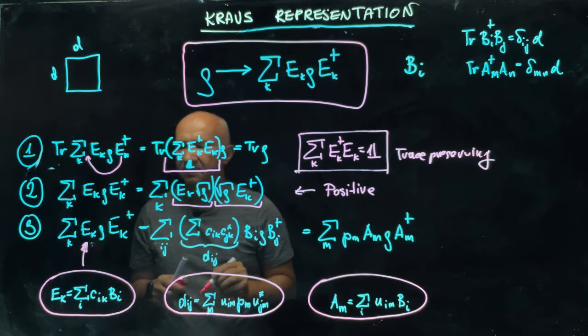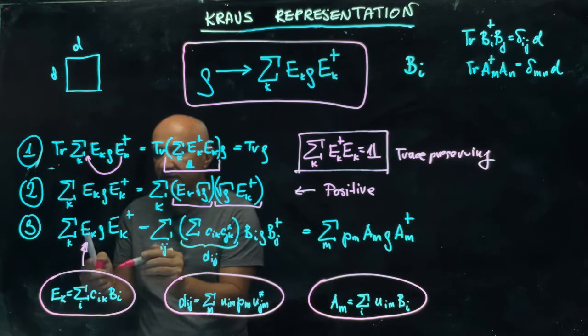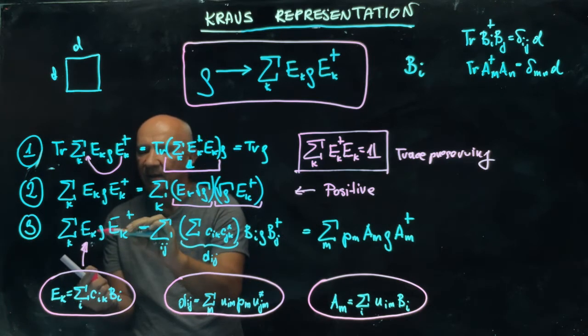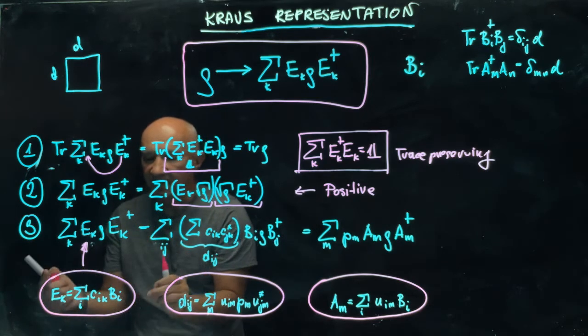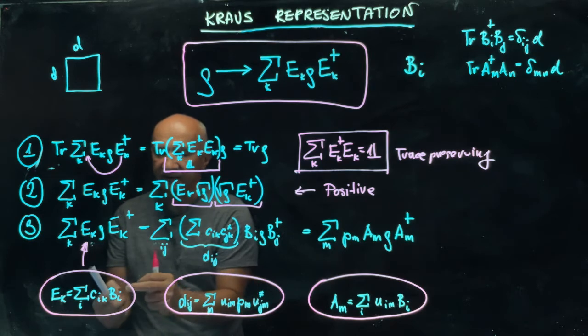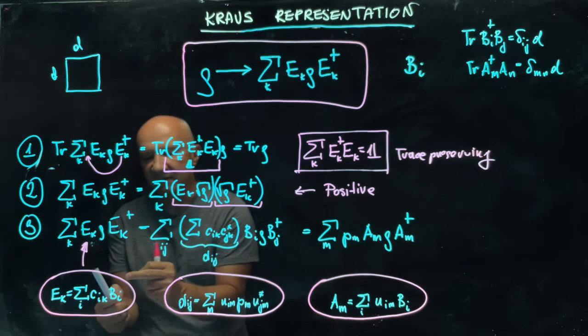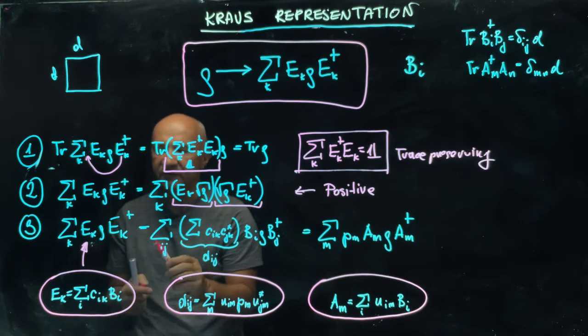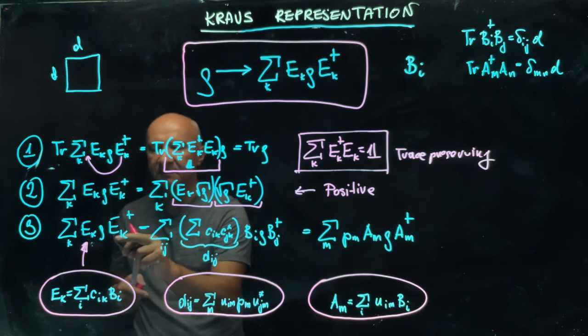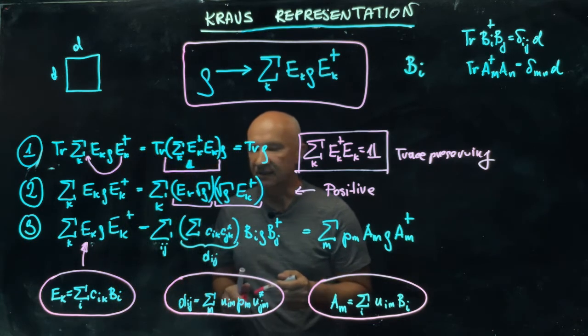So that you can do. So you can substitute for E_k a linear combination of basis operators, and of course, you can take the Hermitian conjugate and do the same for this E_k dagger.